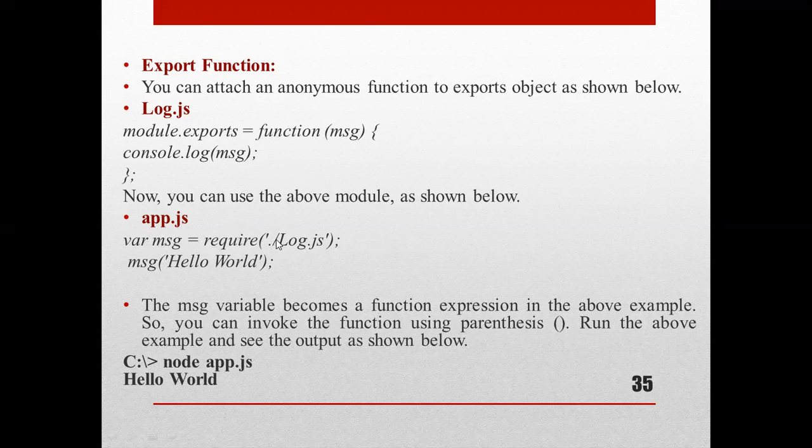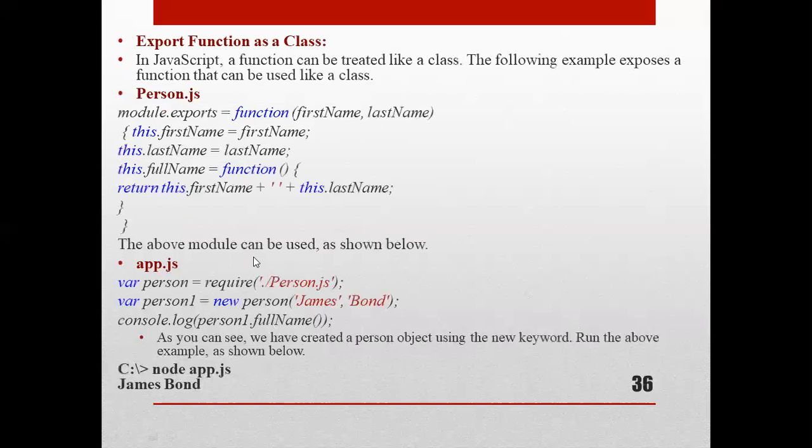That means this variable will act as a function, because we assign that function to that variable. Here we can invoke the function using parentheses. After running this code, we will get the message hello world. That means we are exporting a function as a module.